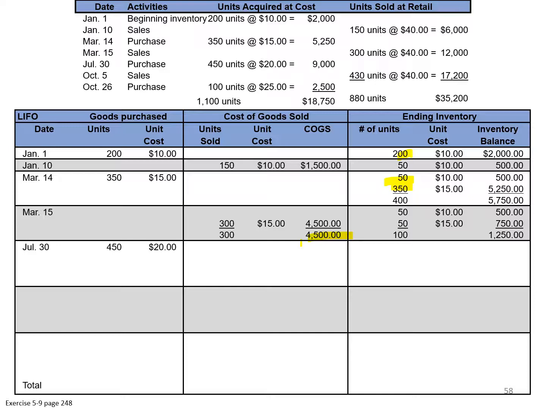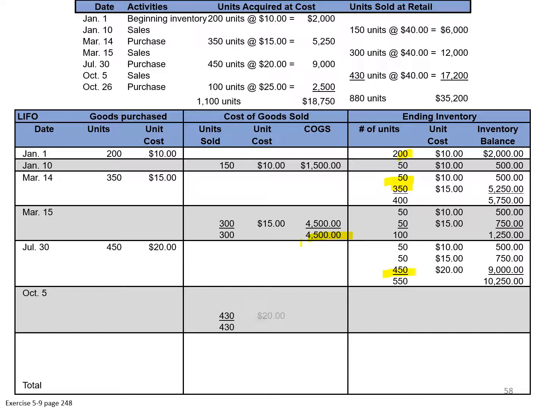Then on July 30th, we bought 450 units. So we've got our 50 at 10 and our 50 at 15, plus our 450 at 20, for total inventory of 550 units, or $10,250. So then when we make our sale on October 5th of 430 units, we are selling our last units first.